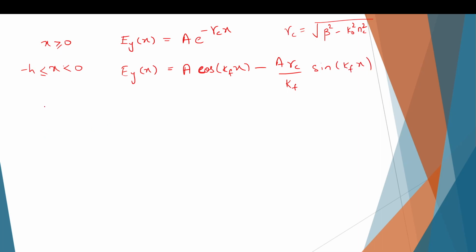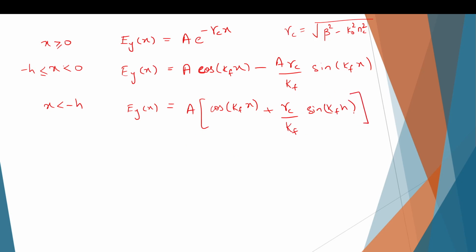And for x less than minus h, Ey of x is equal to d. Now what was d? D is nothing but a cos kappa f h plus gamma c over kappa f sine kappa f h.